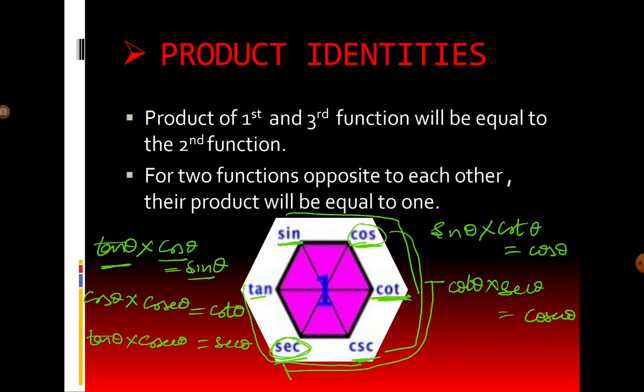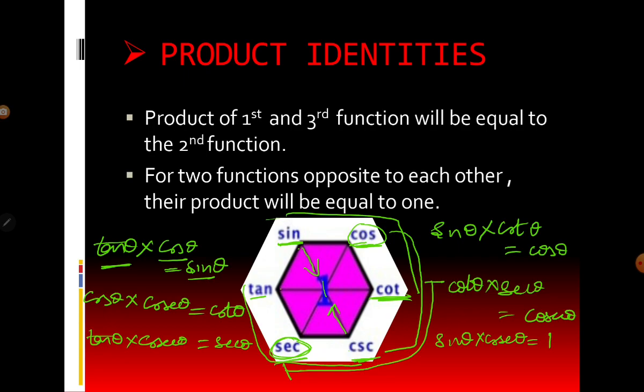So many product identities can arise from one simple hexagon, which is our super hexagon. For two functions opposite to each other, their product will be equal to 1. If I take this one and this one, opposite functions, then I will get 1. Like sin theta into cosecant theta, I will get 1.